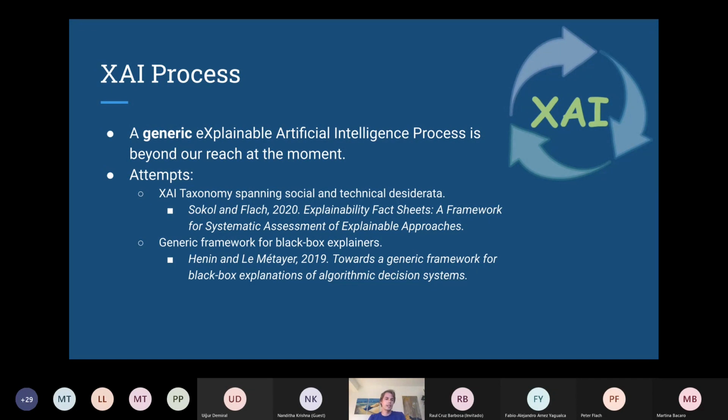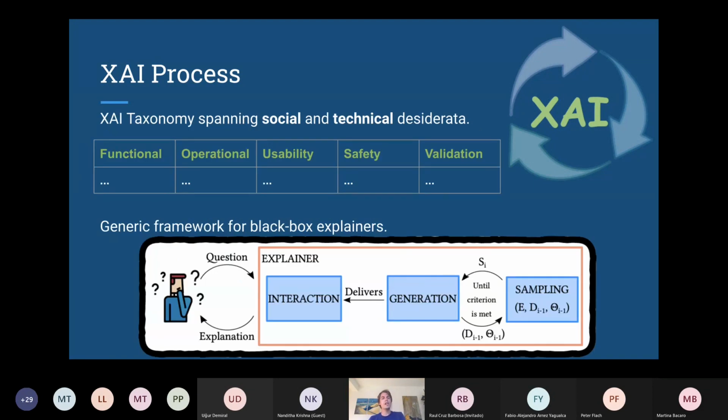Our taxonomy spans five different dimensions: functional, operational, usability, safety, and validation. These give you some sort of framework for reasoning about explainers, describing them, or trying to understand what's missing or what can go wrong. The other one is, like I said, a fairly technical step-by-step development of black box explainers that abstracts away some of the technicalities involved with machine learning explainers, but not necessarily covering all of the techniques available.